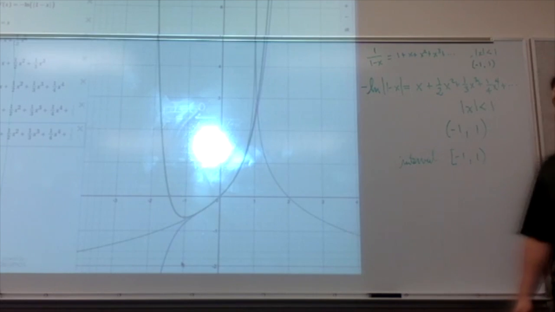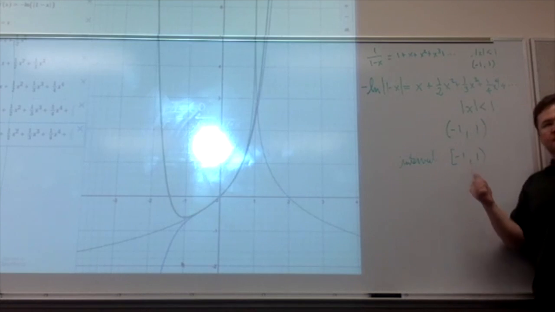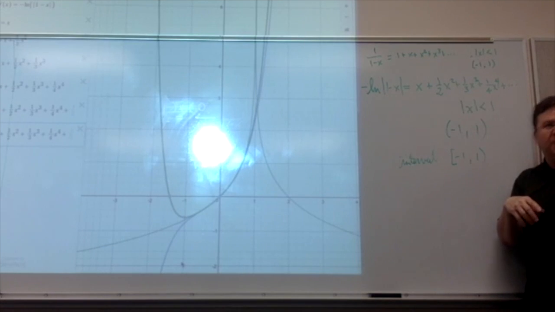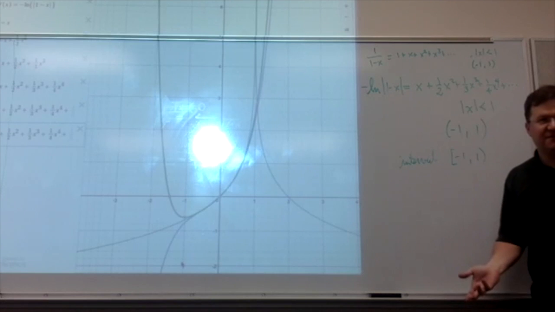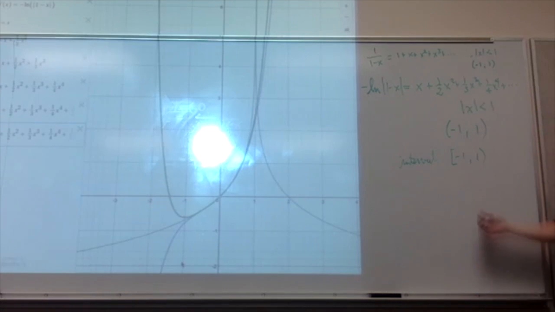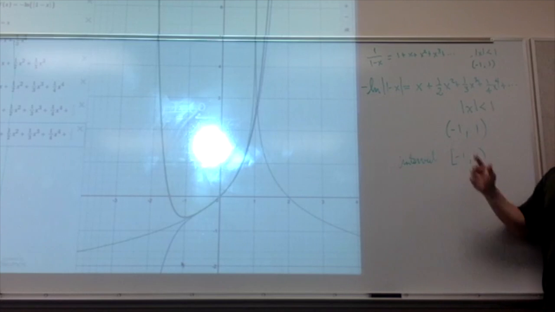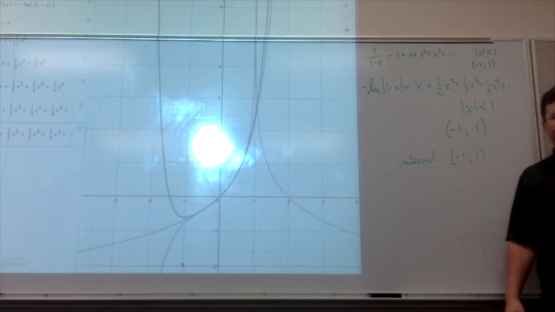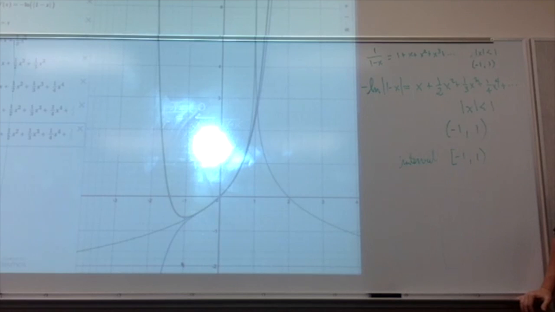Conditional convergence is when you have a series that converges, but if you remove all the negatives, it diverges. Absolute convergence is a series that converges, and if you remove the negatives, it still converges. Within this interval, it converges absolutely. But at -1, it converges conditionally. So, a few things going on there.